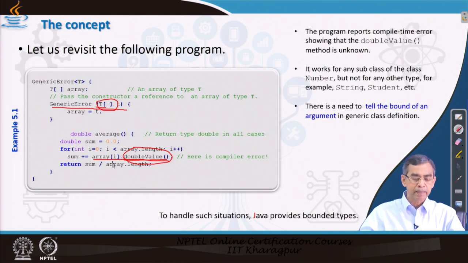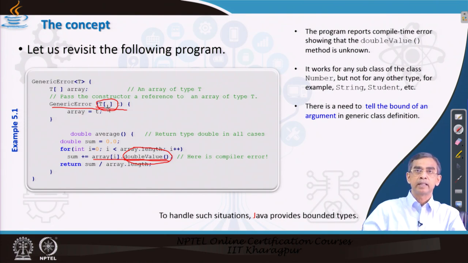That means this method resolution is applicable to Number as well as any subclass of the class Number. So, this program will not give any error if you run it with a T type which belongs to either the Number class or any of its subclasses.